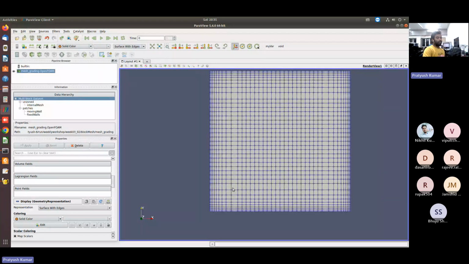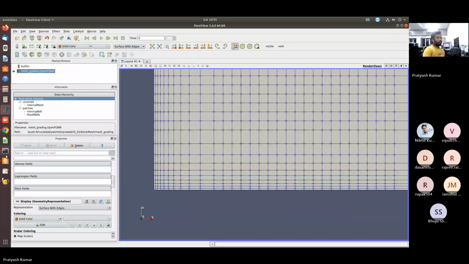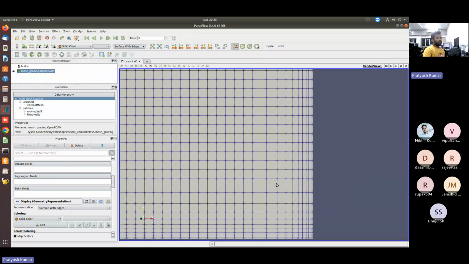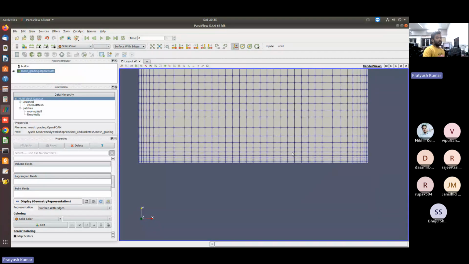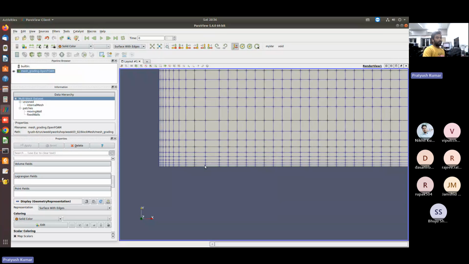If you take the x direction, in this case you can see that from this point to this point, the cell sizes are completely uniform. But from this point to this point, the cell sizes are distributed in a non-uniform manner.